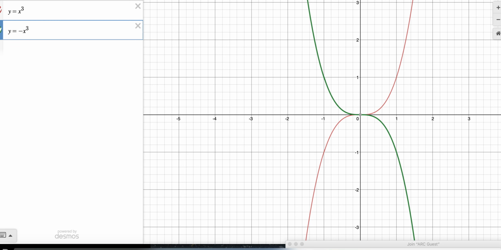What happens if I put the negative inside of the parentheses? Let's see how that changes things. Does that change anything? No, because it's a cubic. That's why.